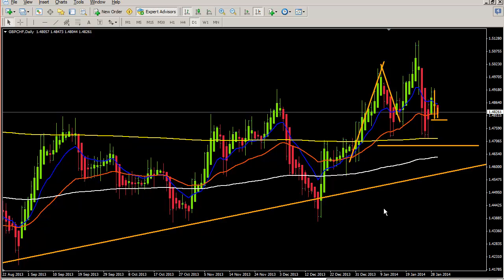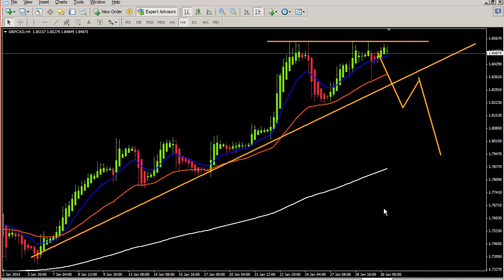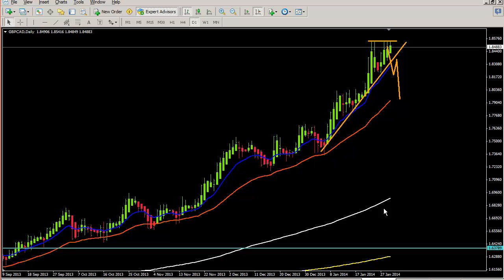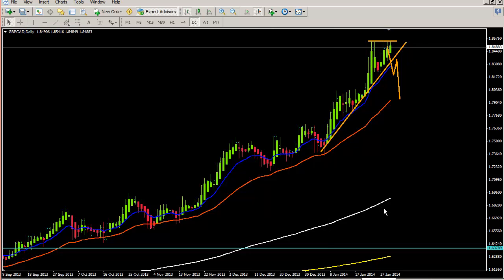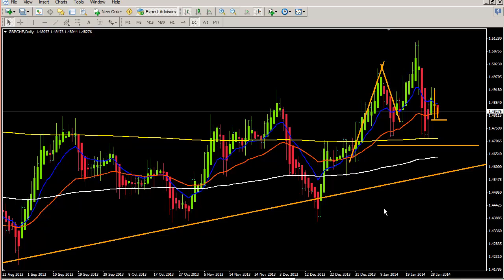If you compare that to, for instance, GBP CAD, since, what was it? January, we check the daily chart, this one moved 700 pips. So this trend is very strong compared to this trend, which is not very strong.